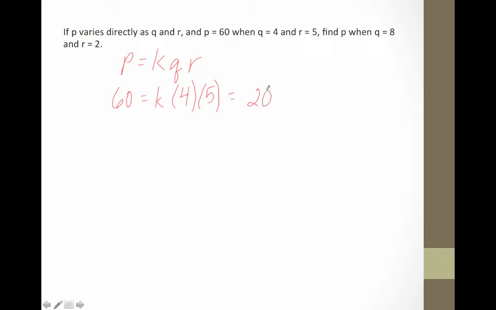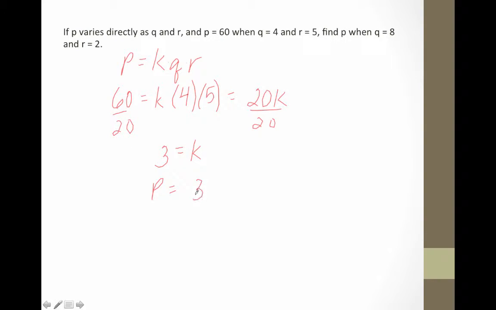Let's go ahead and simplify that to 20K. It wouldn't have mattered if you wrote 20 on the right; that's just non-standard, but we're going to get rid of it anyway. So we want to get rid of the 20, so we need to divide. So 3 is K.